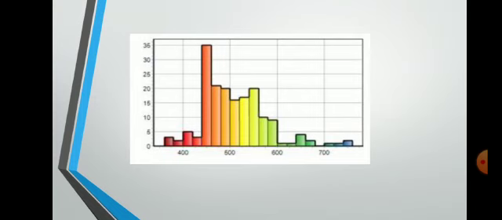Suppose the marks of the students are shown on the x-axis and the number of students, that is the frequency, is shown on the y-axis. Basically, a histogram depicts the marks obtained by the students of a class in a test, any subject test. The relation between a dependent variable and an independent variable can be shown through a graph.